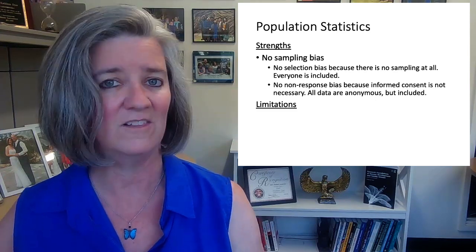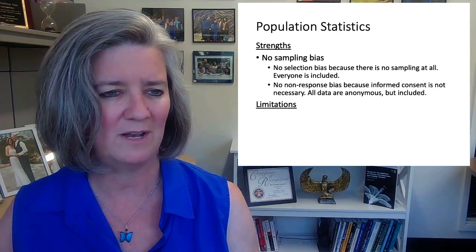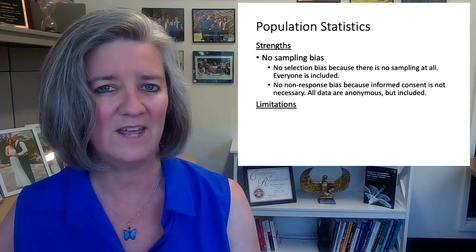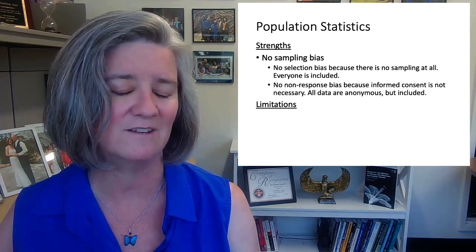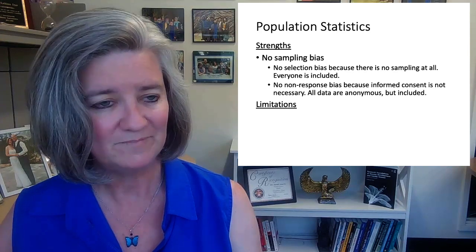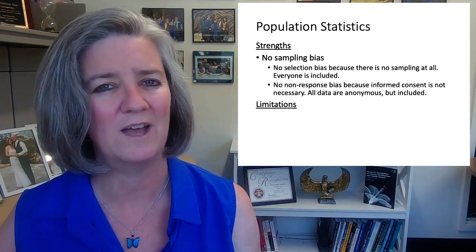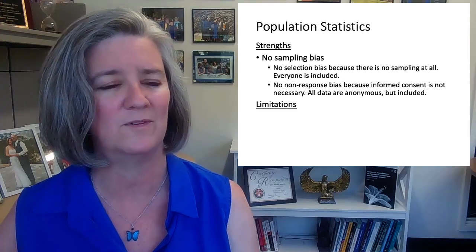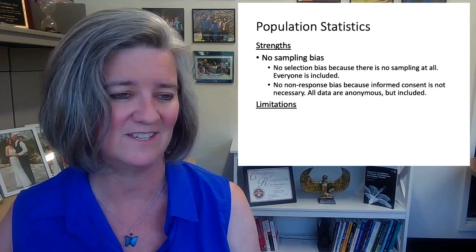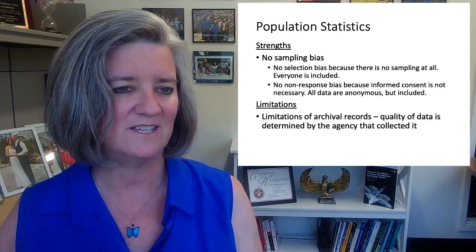The data are all anonymous, so we can never use this data to find out information about any one particular person, but the data are all there. And the advantage of having information without any kind of sampling bias is pretty overwhelming. These numbers are considered some of the best, most reliable information we have if it comes from reliable sources, and it's a population statistic.